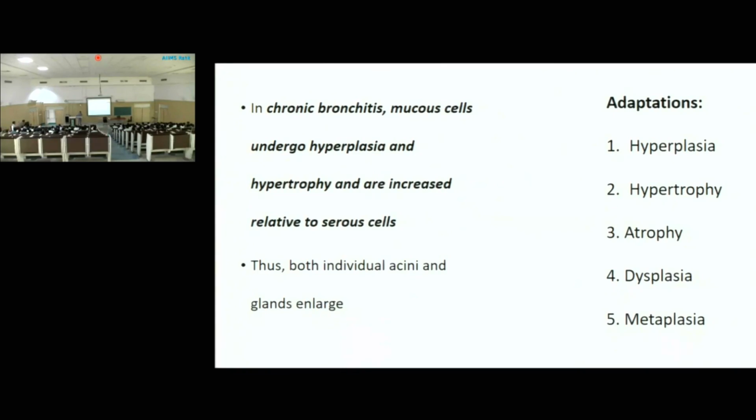In chronic bronchitis, this chronic irritation caused by smoking and pollutants leads to hyperplasia and hypertrophy of the submucosal glands. That leads to oversecretion of mucus-like substances.